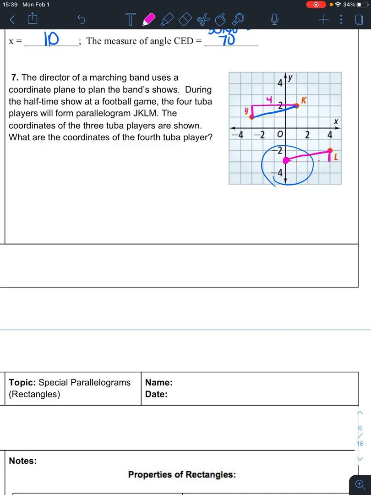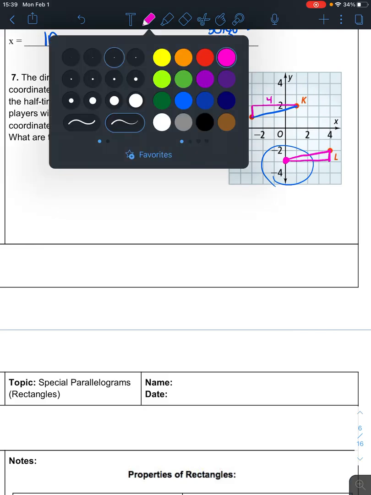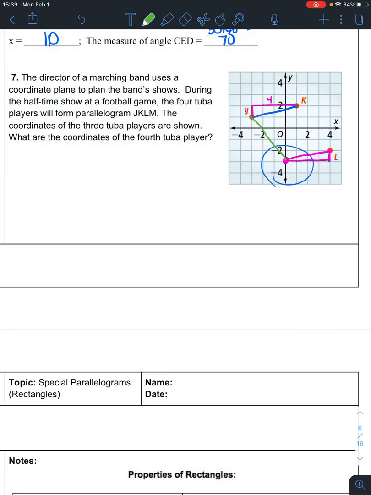If you draw that in, you see you have the exact same slope. And then you notice too here, if I draw these in, I also have a slope of 1, 2, 3, 4, 1, 2, 3. So a negative 4 over 3, and then a negative 4 over 3.